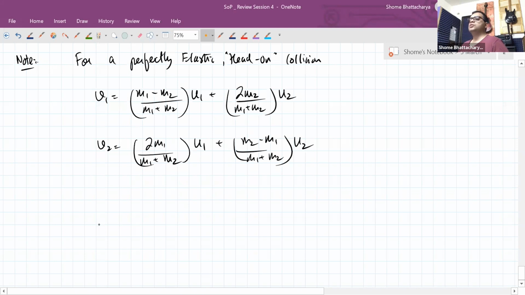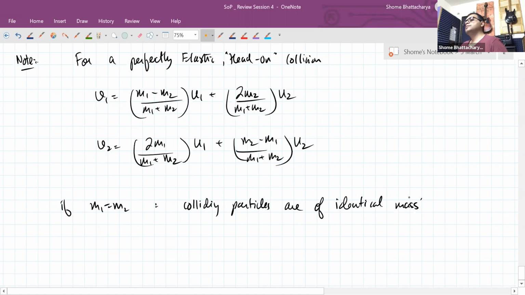So now, if m1 is equal to m2, that is, the colliding particles are of identical mass, then, as you can see from the above formula, these two terms will become zero, and these two terms will become unity.